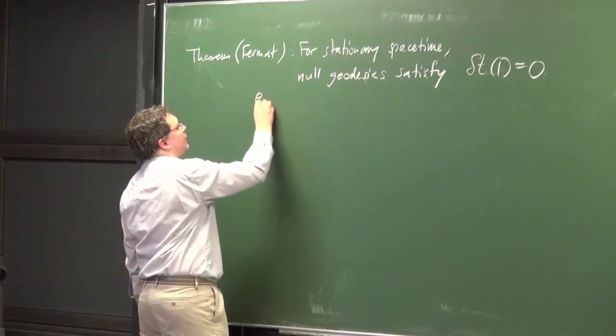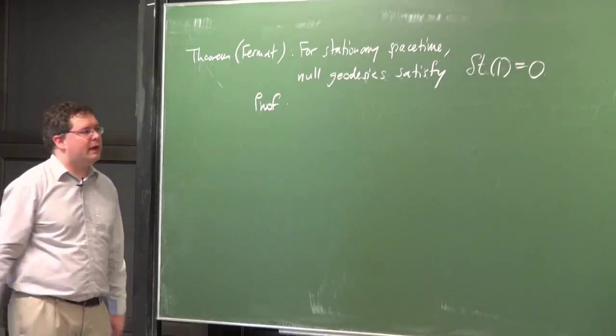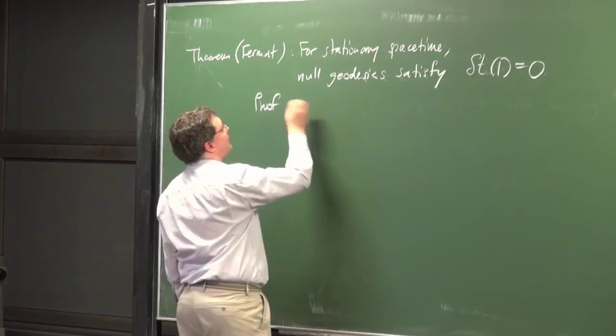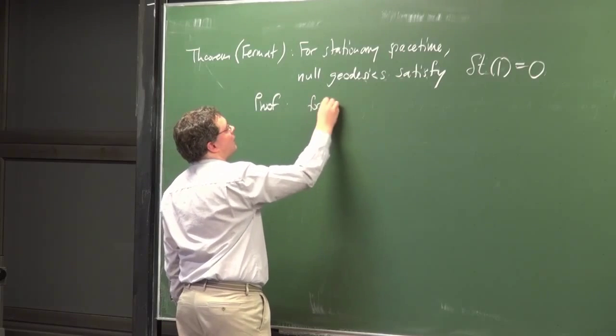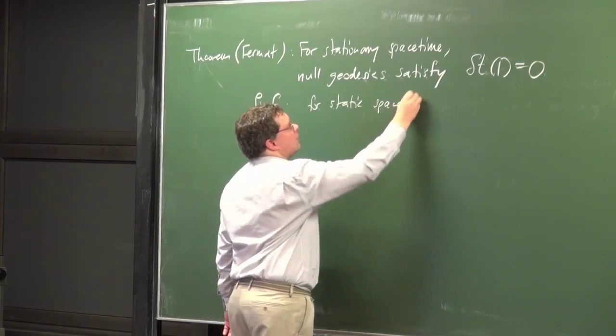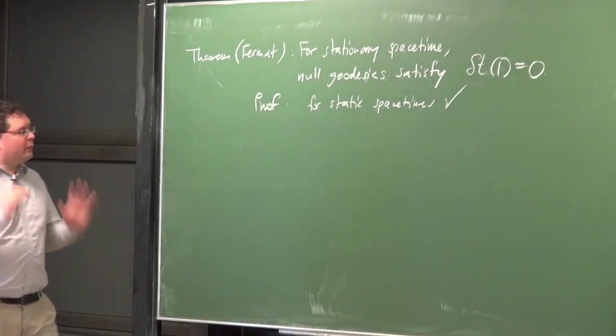And the proof of this, well, I mean, for stationary spacetime, that's actually quite complicated, but for static spacetimes, you've basically seen it. We've gone over the argument, right? So we've done this. Okay, so this is Fermat's principle.